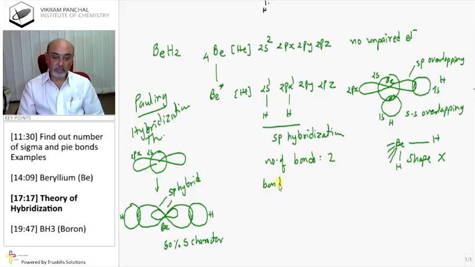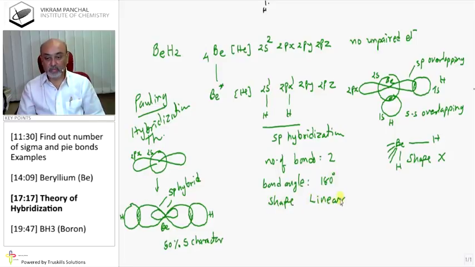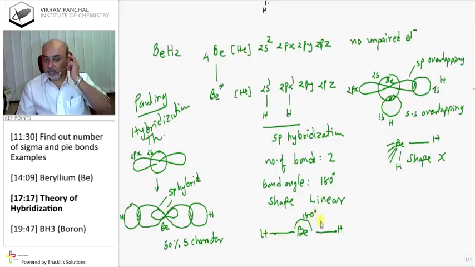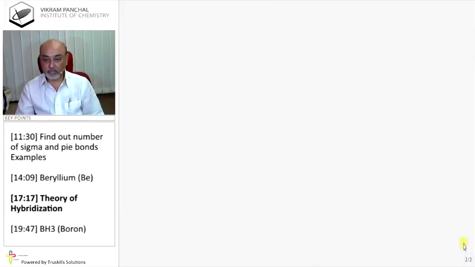Bond angle: we have to arrange two orbitals, so it is 180 degrees, and the shape is linear. So BeH2 is linear, and both bond lengths are equal, and the angle is 180 degrees. So this is BeH2. It is linear due to sp hybridization.